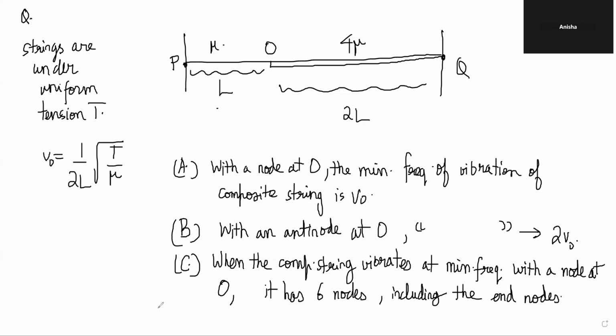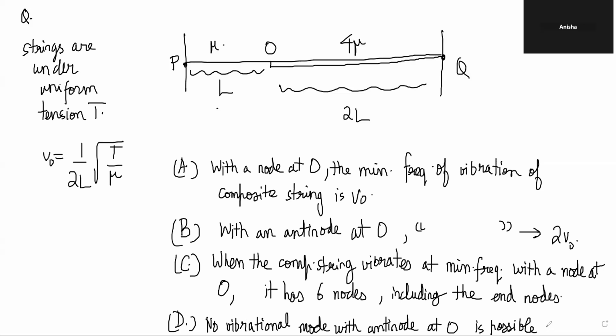And option D: no vibrational mode with an antinode at O is possible for the composite string. So it's a theoretical question, not very difficult in terms of calculations. Just try it out and think about what we can do.